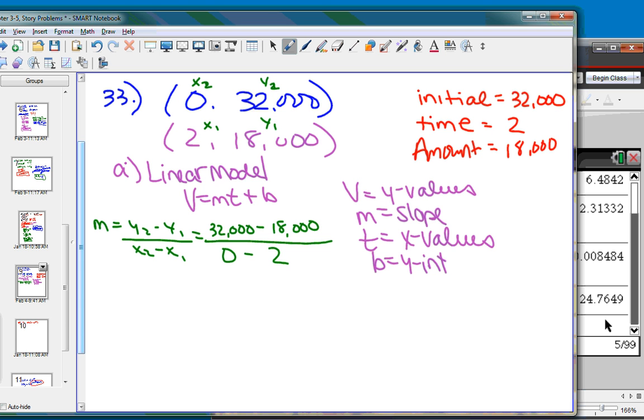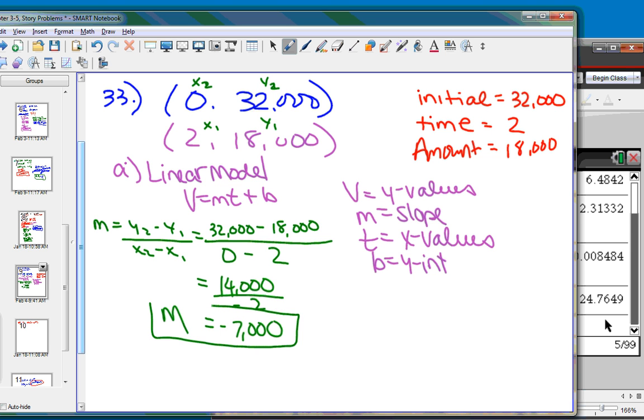So what's 32 minus 18? 14,000 over negative 2, which is negative 7,000. Why is my slope negative? Because the price of the car is declining in value. If your slope wasn't negative, you'd have an issue, correct?